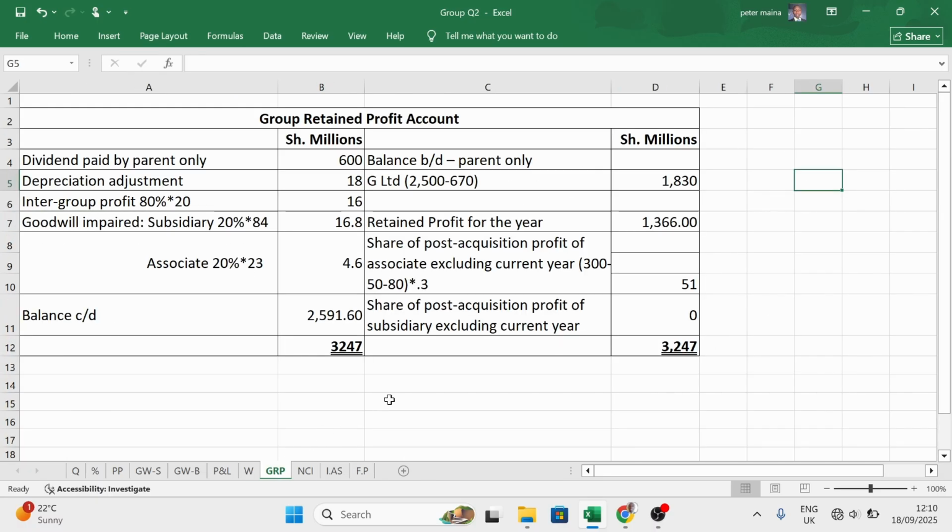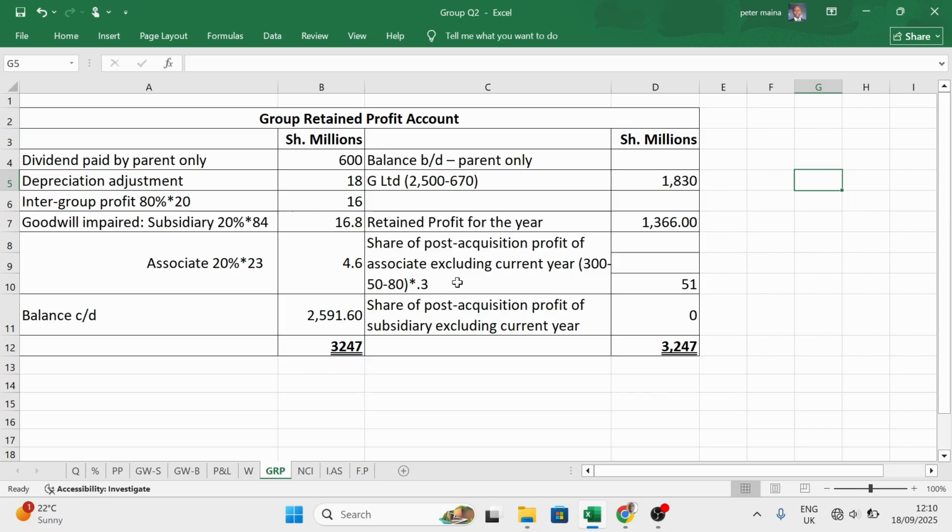So you need to understand the format of the group retained profit account. Although different people may use different formats, when you follow the format correctly, you're supposed to arrive at the same answer. So this is the format which I find a bit easier to work with.